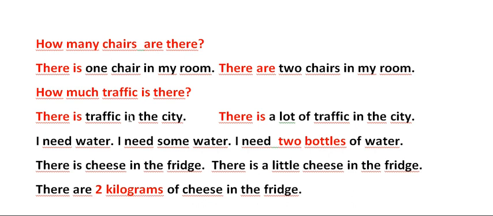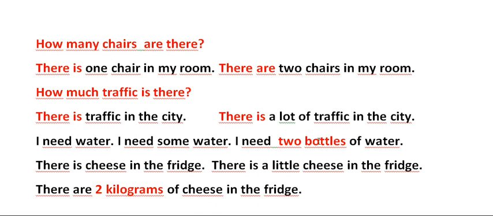But we can also make uncountable nouns into countable nouns if you put them into something, like here: I need water. Water is uncountable, right? I need some water, still uncountable. But we say I need two bottles of water. When I say two bottles, I can count the bottles.